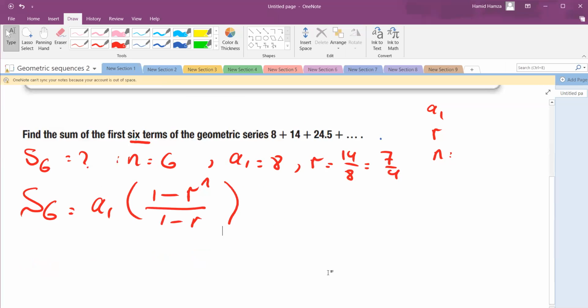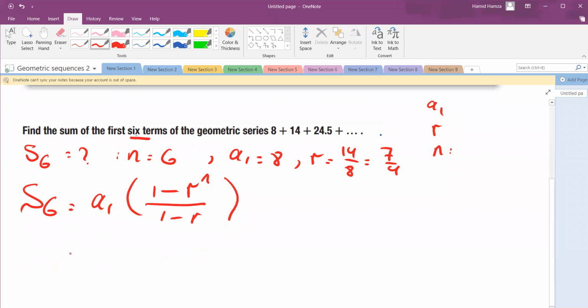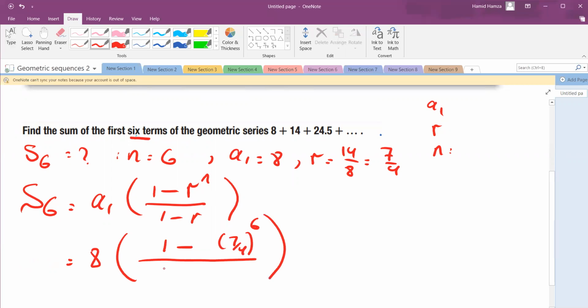We plug the numbers in for the letters. So a1 is 8, r is 7 over 4, raised to power n, which is 6, over 1 minus 7 over 4.